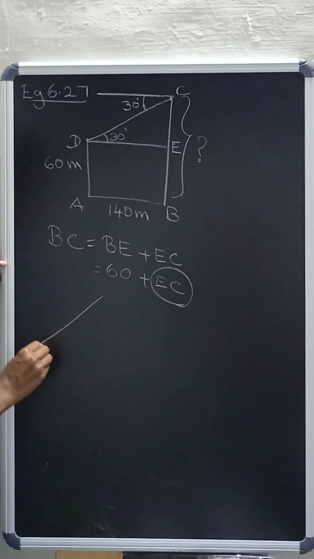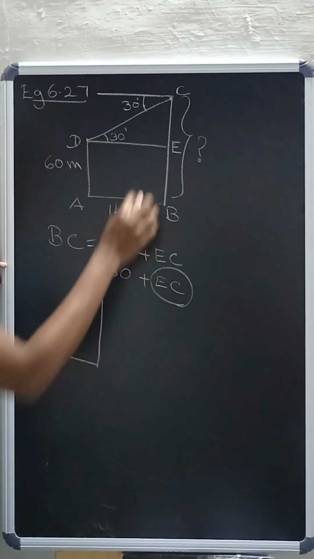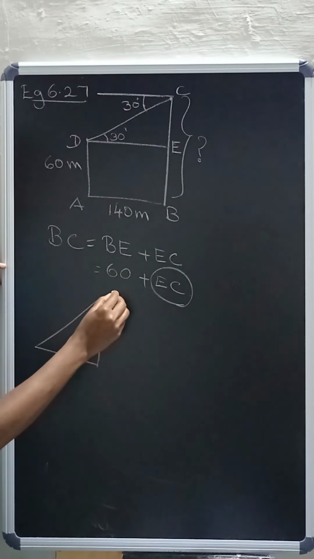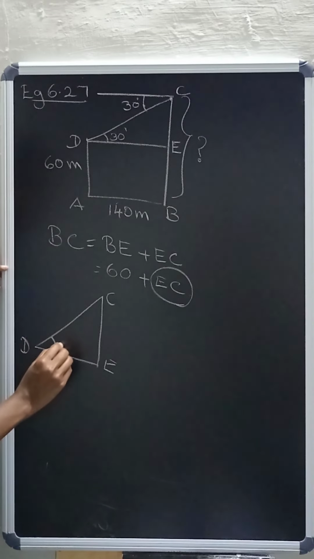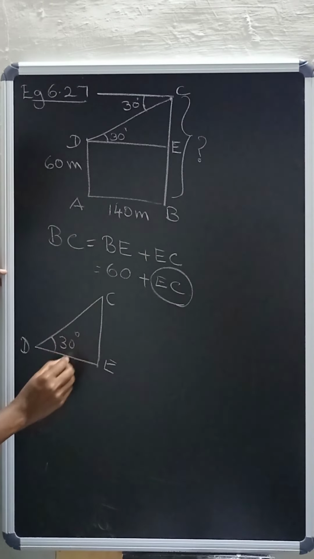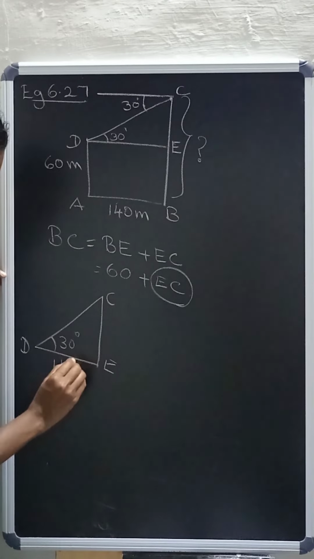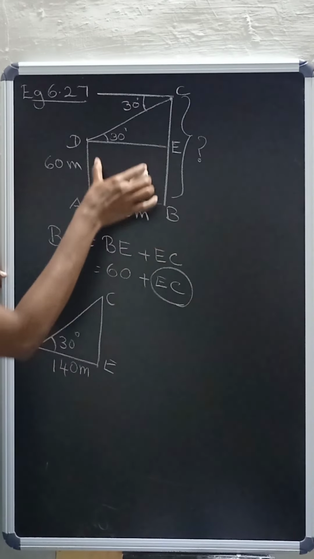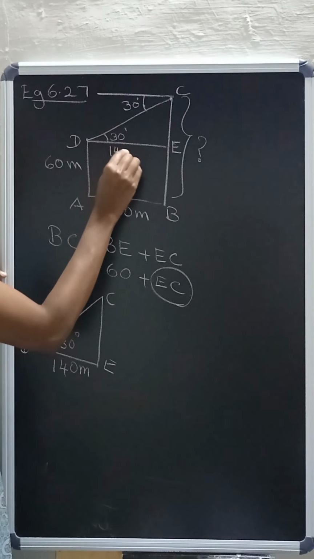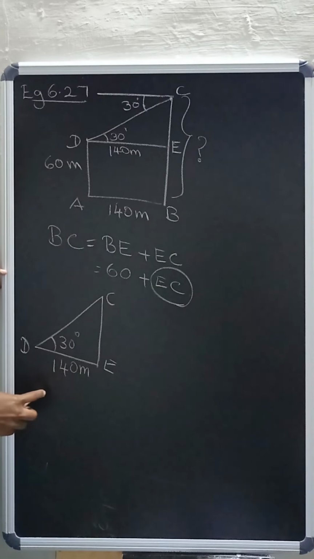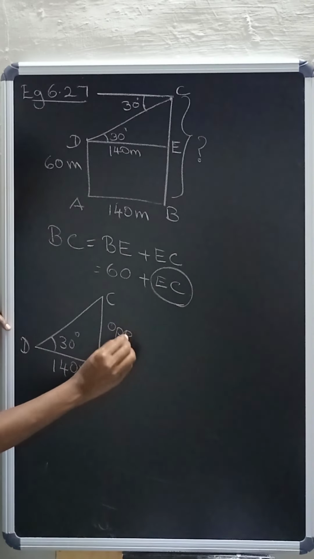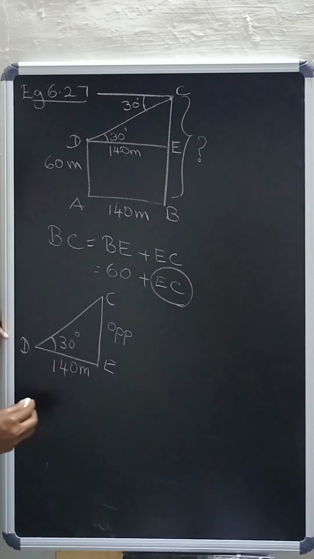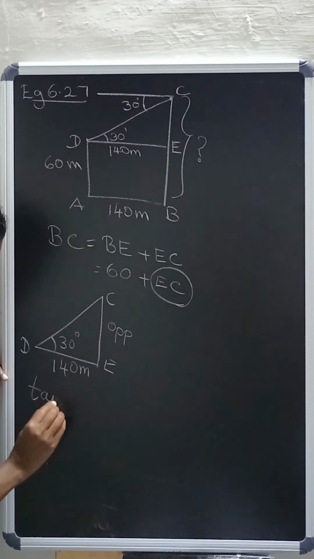So draw the diagram. Take only this part of the triangle, C, E, D. Here you have 30 degrees. This is 140 meters. Since this is 140 meters, this is also going to be 140 meters. Now you need to find EC. So this is 30 degrees, and this is opposite. You need the opposite value. So what angle will you take? Tan theta.